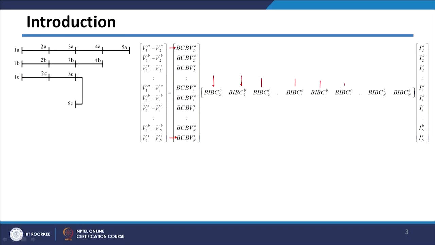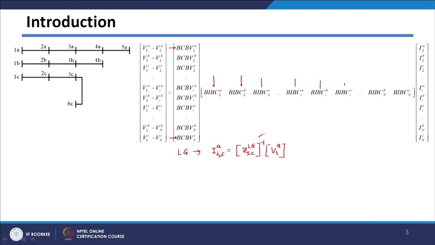If you remember, in the last two classes we derived the various short circuit current equations. In case of LG fault, that is line to ground fault, if the fault is occurring on phase A of the ith bus, the post fault current will be equal to Z SC LG inverse times the voltage at the first bus.